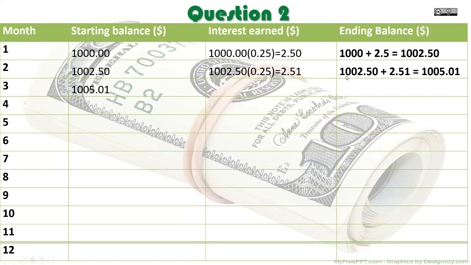And we end up with the $1,002.50 plus $2.51, and we add that together, and now we're going to have a new principal for our third month. So we have $1,005.01, and we'll put that for our third month, and that'll be our new starting principal.